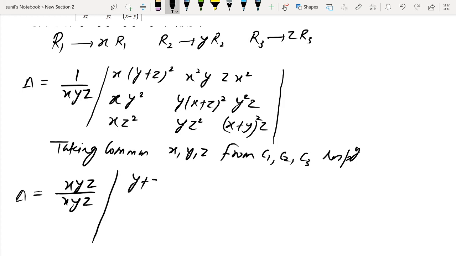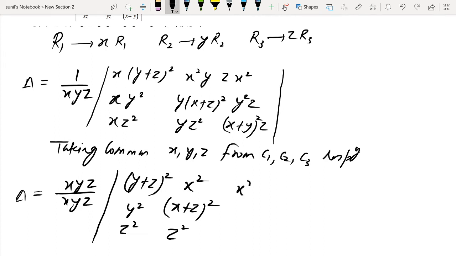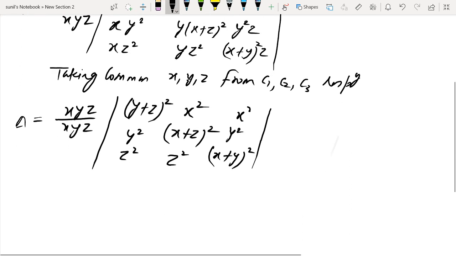It will be Y plus Z whole square, and it will be Y square, it will be Z square, and it will be X square, X plus Z whole square, and Z square, X square, Y square, and X plus Y whole square will come.